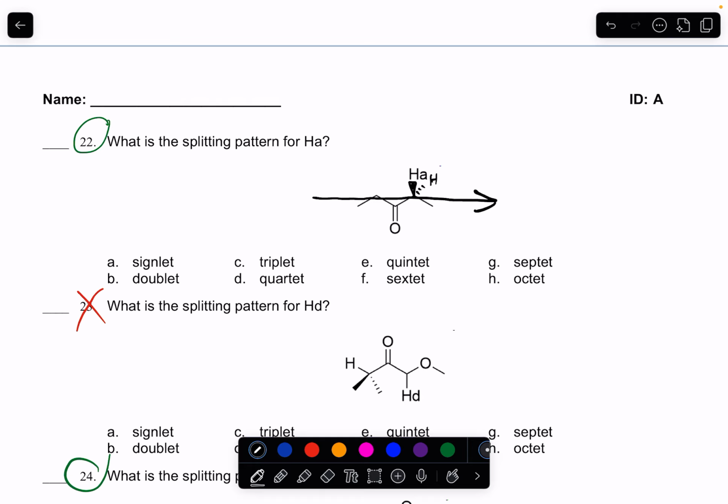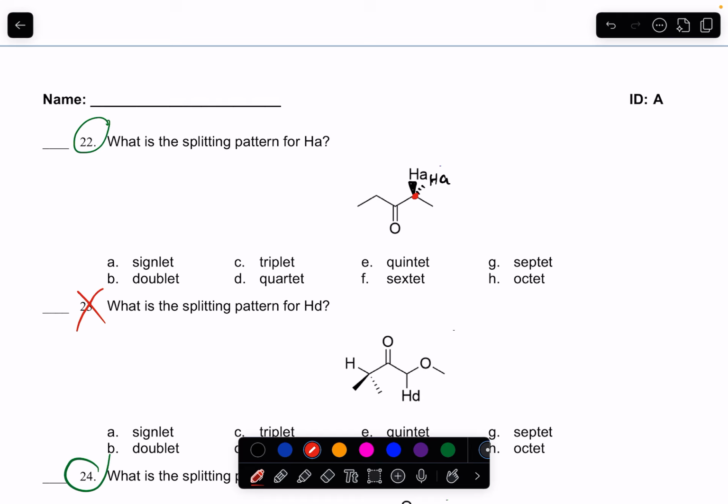The half to the right, which would be the dashed side, and the side to the left, the wedge. Oh my lord. Wedge side is to the right, dash to the left. If you're looking at it the way that I'm looking at it, the sides are perfectly symmetrical. Therefore, HA and HA over here are fine. We have to make this clear because if these protons were different, then our splitting pattern would be different. But luckily they are not. So those both are the same.